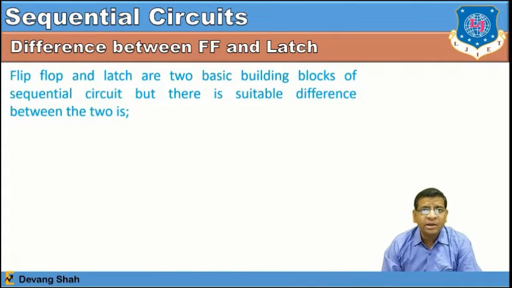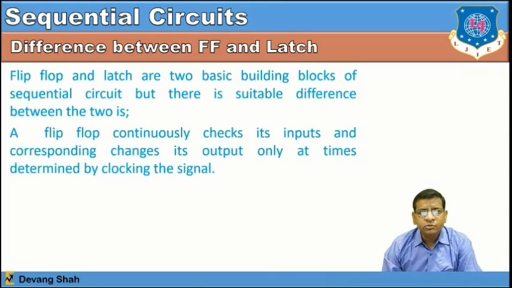So if we learn about the flip-flop and latch, and if you want to design a flip-flop and latch, let us first start with the difference between flip-flop and latch, right? So flip-flop and latch both are the basic blocks of sequential circuits, but there is a suitable difference between the two. The flip-flop continuously checks its inputs and changes its output only at times determined by the clocking signal. So clock is very important in terms of the flip-flop, right?